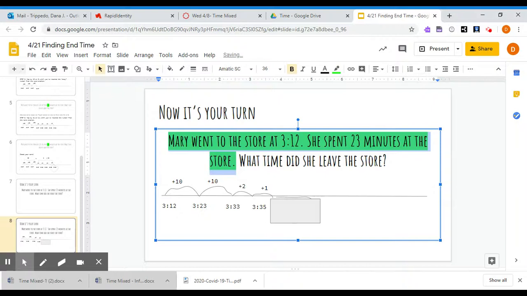This is what the story is telling you, that she went to the store at 3:12 and that she spent 23 minutes there. You can see 3:12 is what ended up at the beginning of my number line, and then 23 minutes is what I hopped. So 2 tens, and then I added another 1.